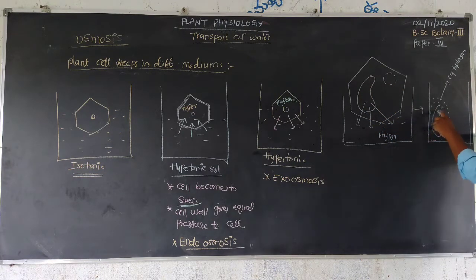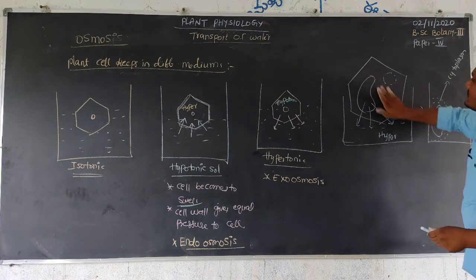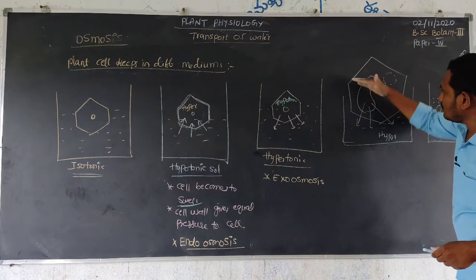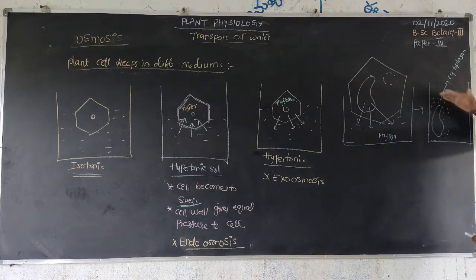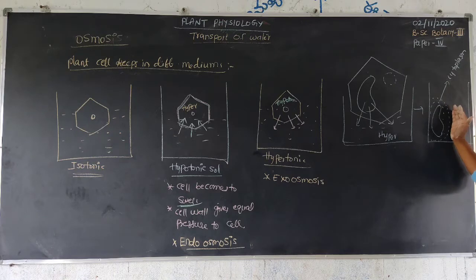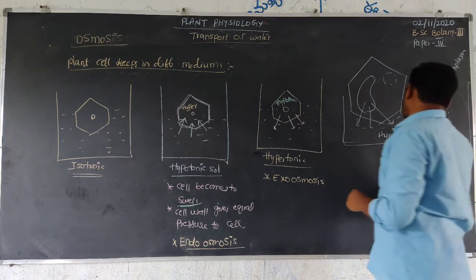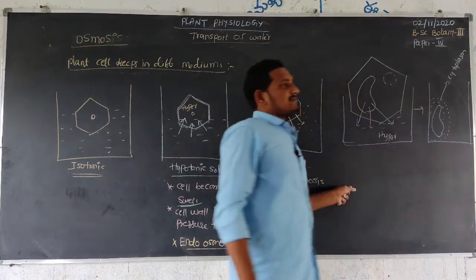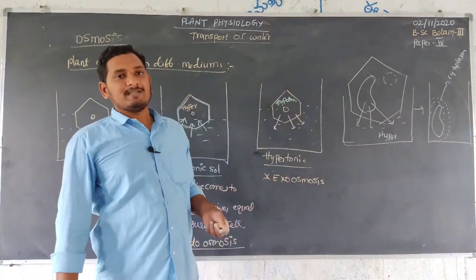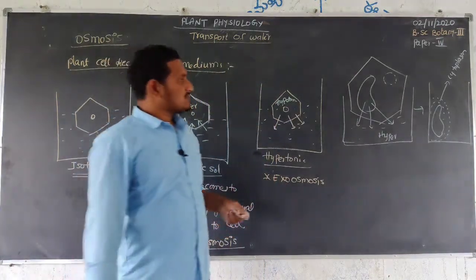That's why the vacuole size becomes small, and the remaining cytoplasmic content of the cell moves to a single corner. The cell shrinks.